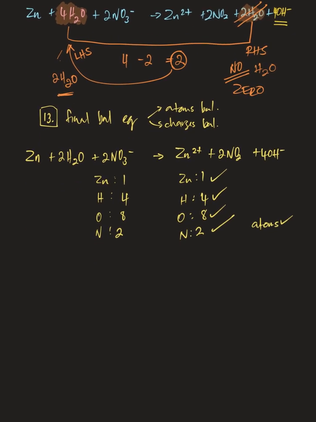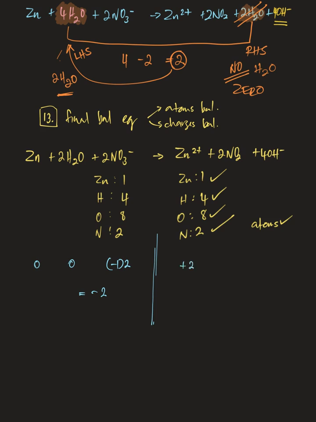So when I look at the charges, like I did in the previous one, let's do it in another color. The zinc is 0. The H2O is 0. The NO3 minus is minus 1, and there's 2 of them. So the overall charge on this side is equal to negative 2. On the other side, my Zn2 plus, I've got plus 2.